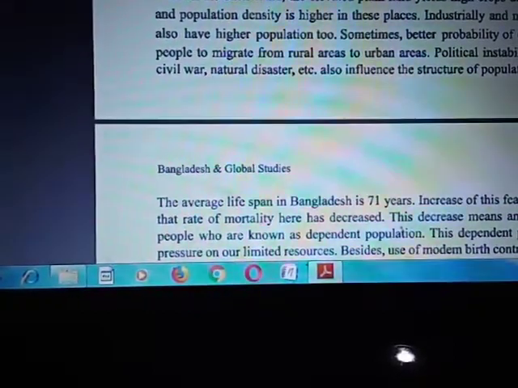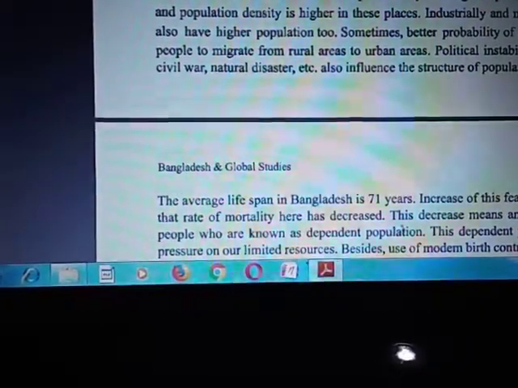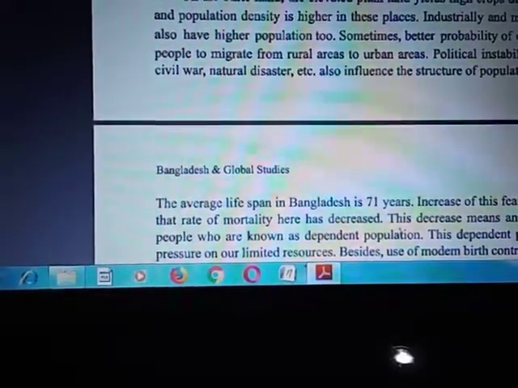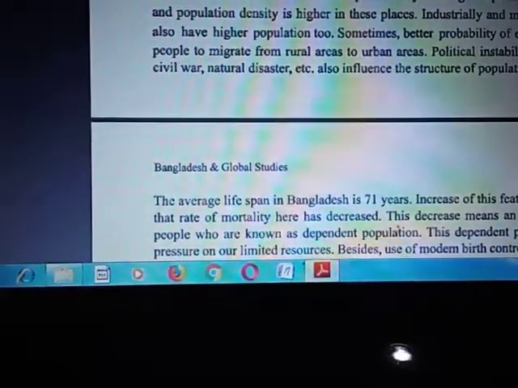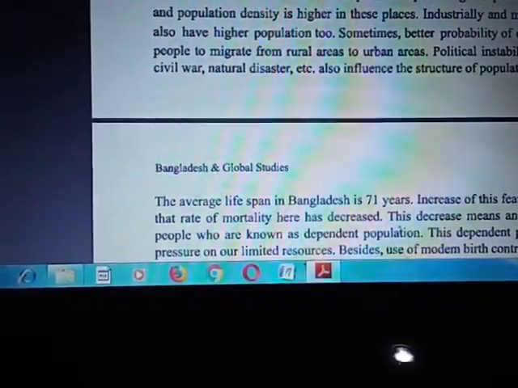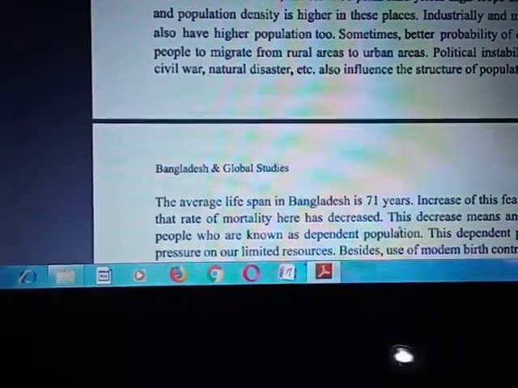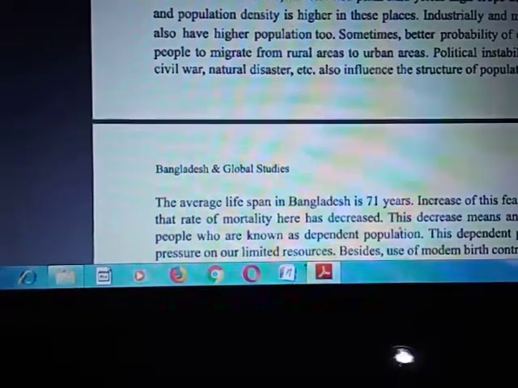On the other hand, elevated plain land yields high crops due to its fertility, and population density is higher in these places. Industrially and mineral rich places also have higher population.